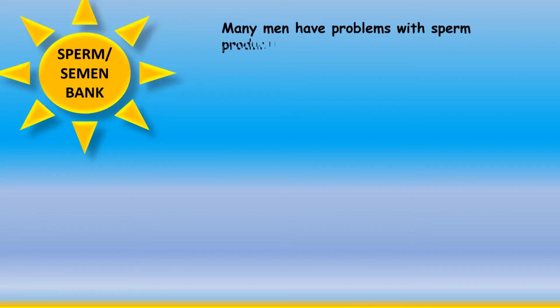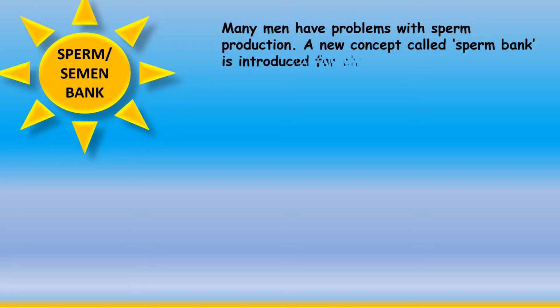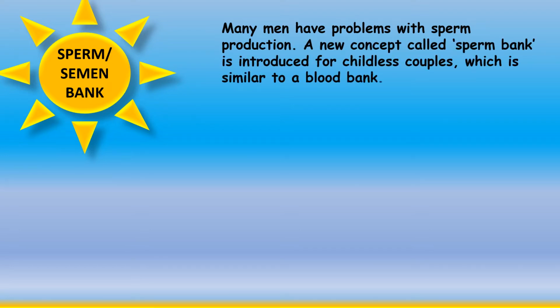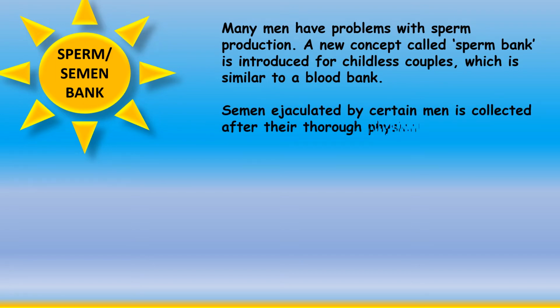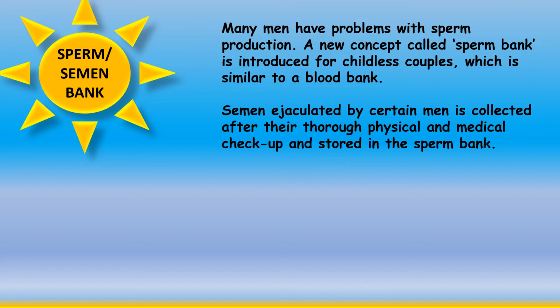Many men have problems with sperm production. That is, the sperm may not be produced in enough amount, or the sperm is being produced but it's not healthy enough. So for such childless couples, a new concept called sperm bank, which is similar to a blood bank, has been introduced. Semen ejaculated by men whose semen is healthy is collected after they are thoroughly checked up, and this semen is stored in the sperm bank.